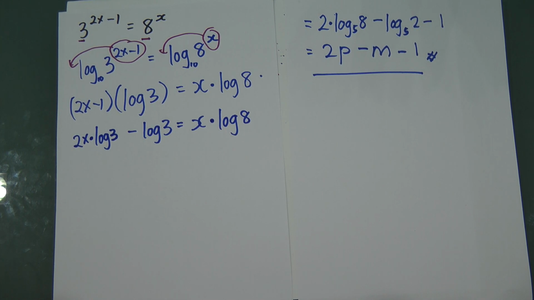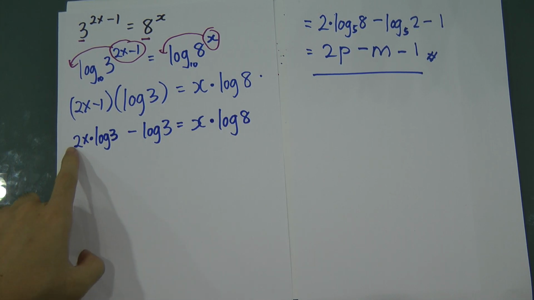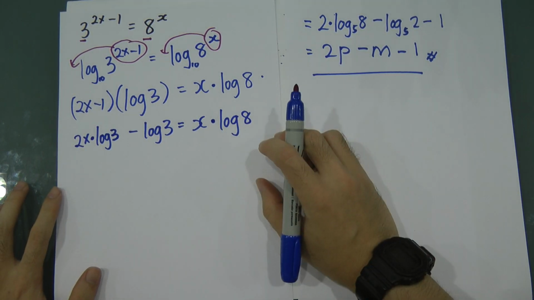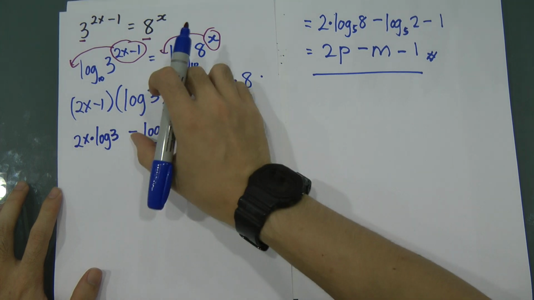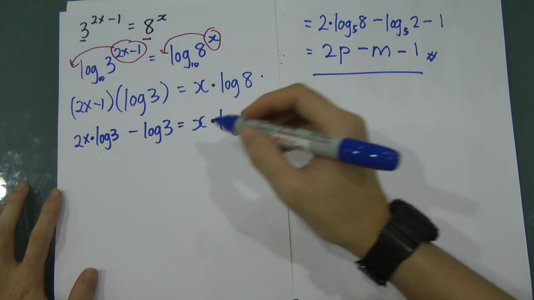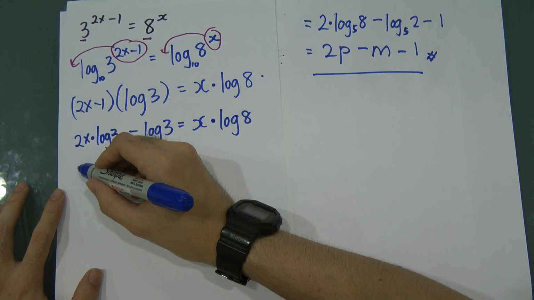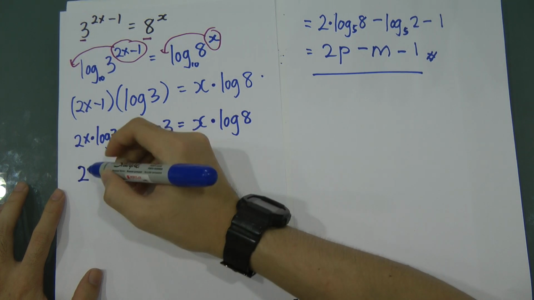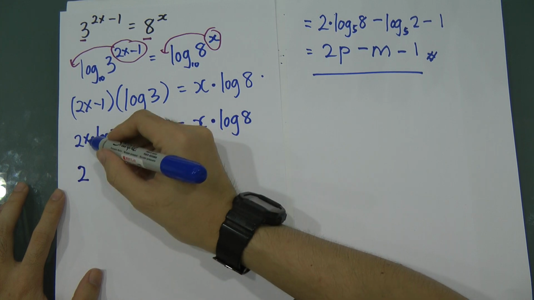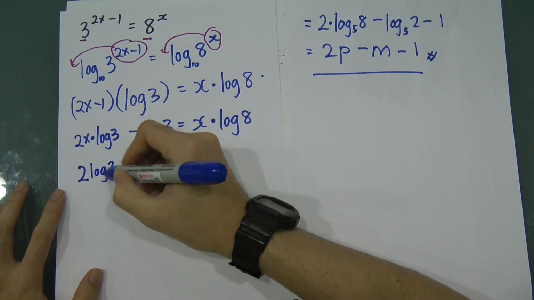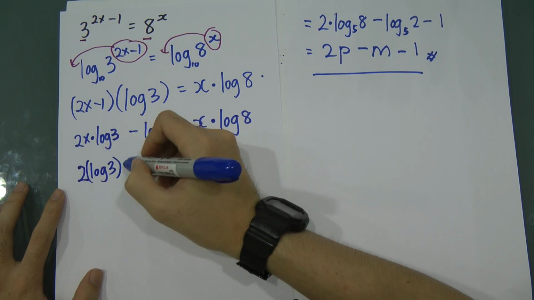So it's very simple. Actually the 2 you can multiply in if you want. So what I do is I move this one to this side, and this one to the other side. Okay, I'm going to write something like 2 log 3, because later we have to multiply x.